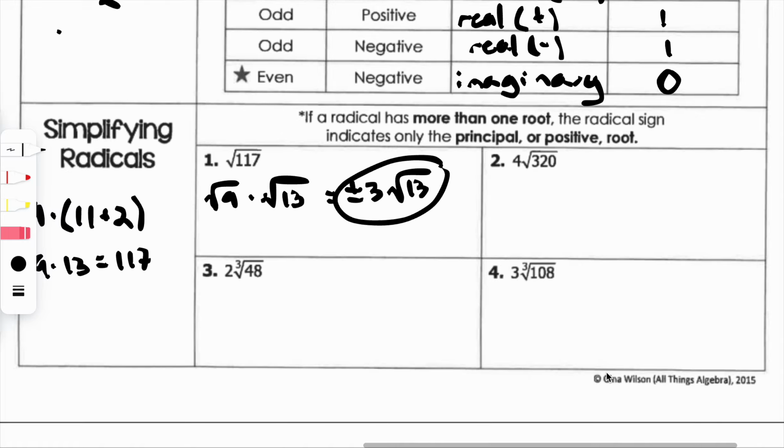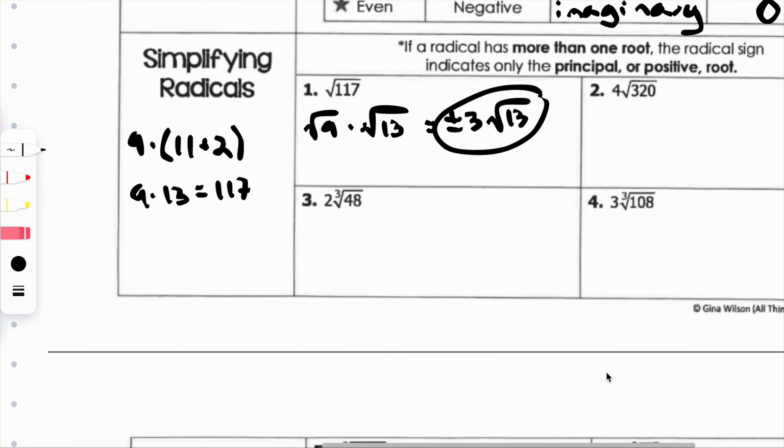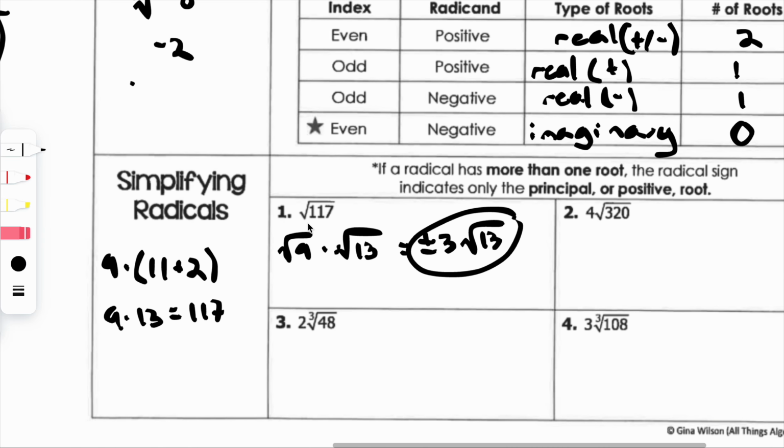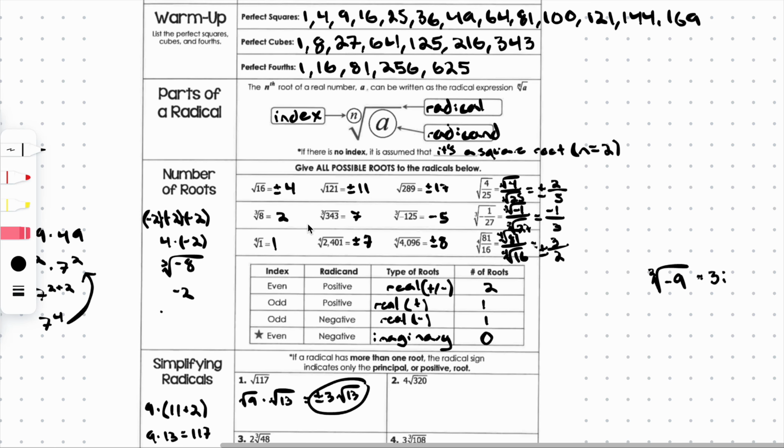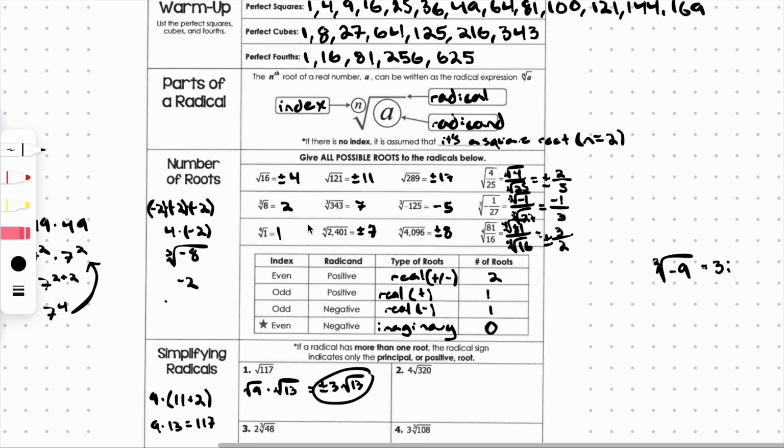Okay, let's move on to number 3. And we're not going to do all of these problems. This is going to be a long packet, but we're just going to get started. Okay? So we have 2 times the cube root of 48. So first, let's think of some perfect cubes that may be a factor of 48.